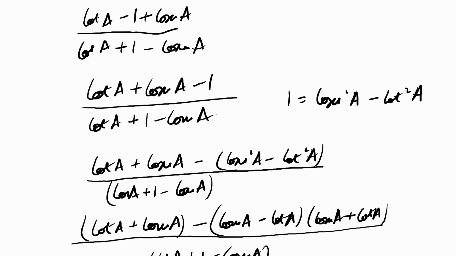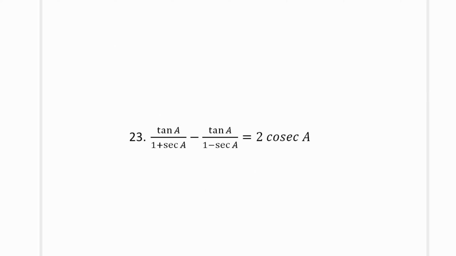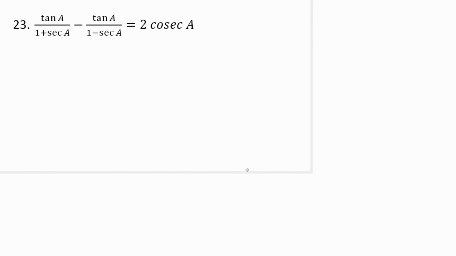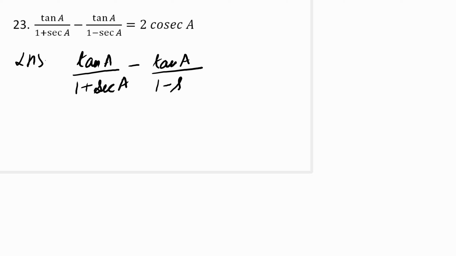Now, let's move on to the next question. The next question is the 23rd question. In the 23rd question, we will start with the left hand side. It is tan A upon 1 plus sec A minus tan A upon 1 minus sec A. We will take tan A common.